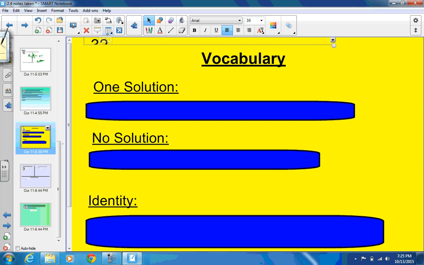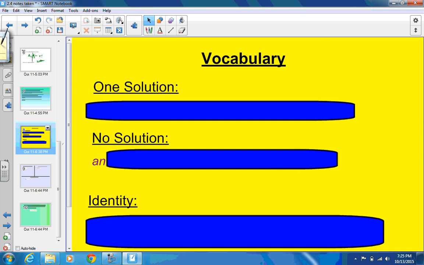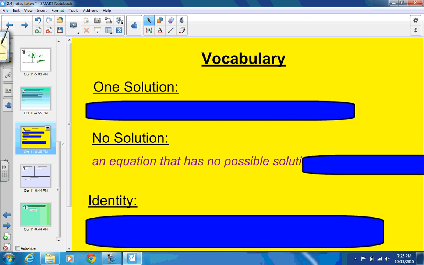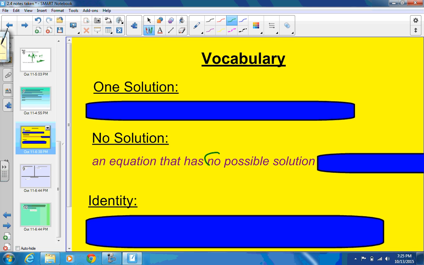No solution is an equation that has no possible solution. So if you end up getting something that is not true, two things that are set equal that are not true, like we just had, that is a situation where your answer would simply be no solution.